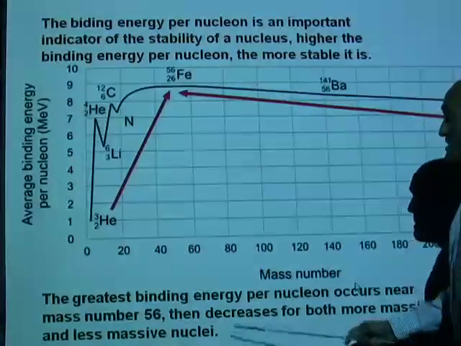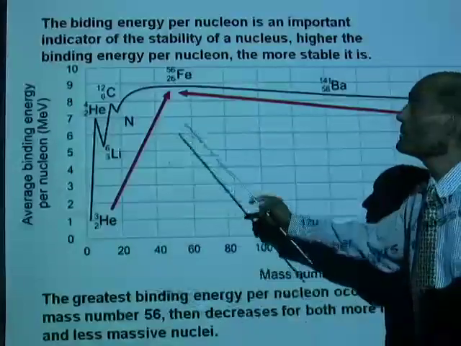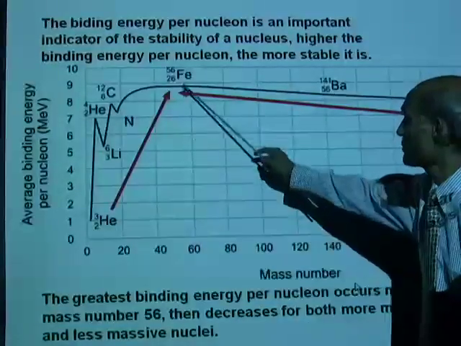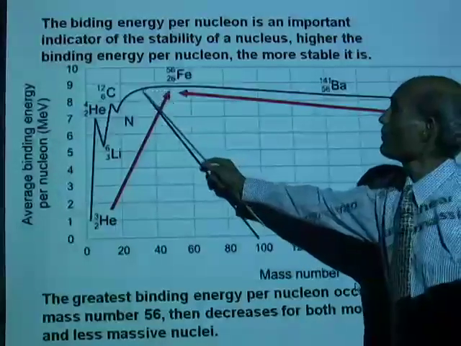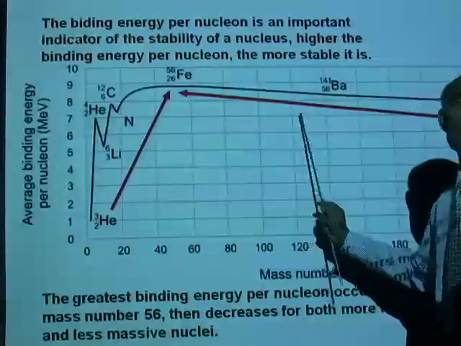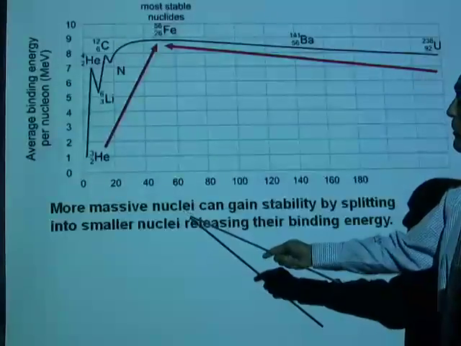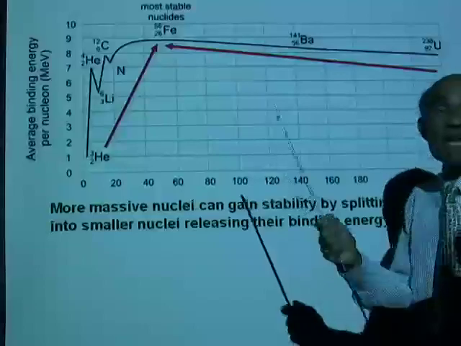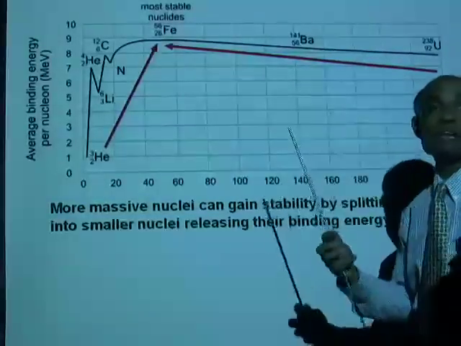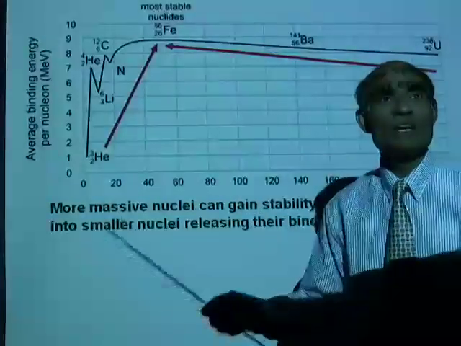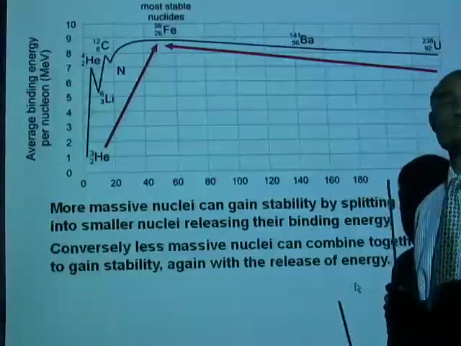So, the greatest binding energy per nucleon occurs near the mass number 56, which is that of iron, and decreases both for elements to the left and to the right of that nucleus. More massive nuclei can gain stability by splitting into smaller nuclei, releasing their binding energy.